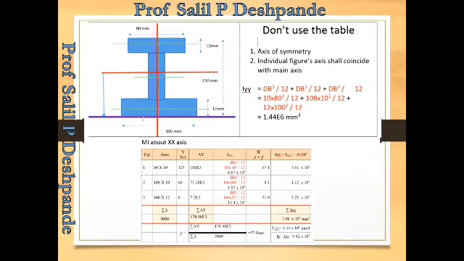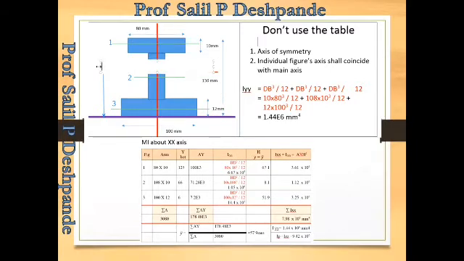Because they are not coinciding, what we need to do is, as we have studied in the parallel axis theorem, if we have to add the moment of inertia of multiple figures, it has to be about a common axis. So for axis number 1, axis number 2 and axis number 3, I will calculate the moment of inertia and transfer it to this main neutral axis.